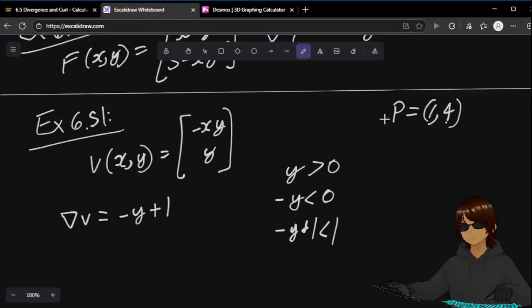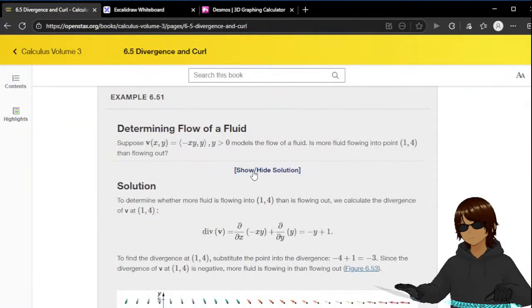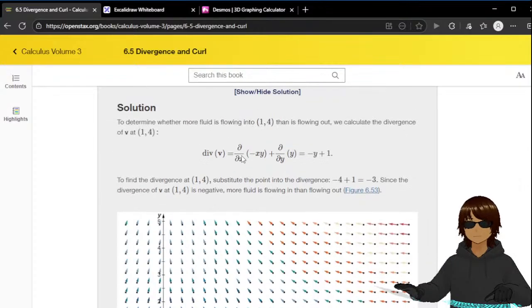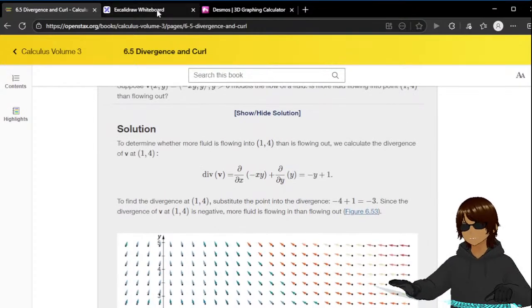With x is 1, y is 4, this is negative 4. We have minus 3. So the divergence is negative. More fluid flowing in than flowing out, because the change in the vector field is not increasing.